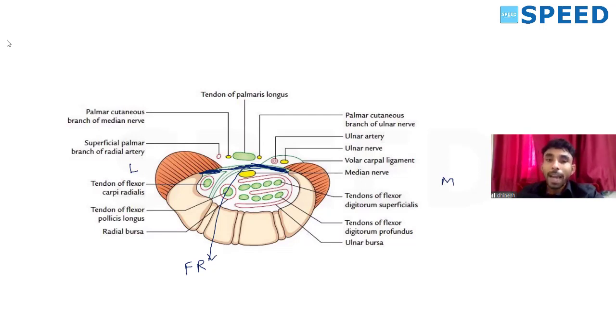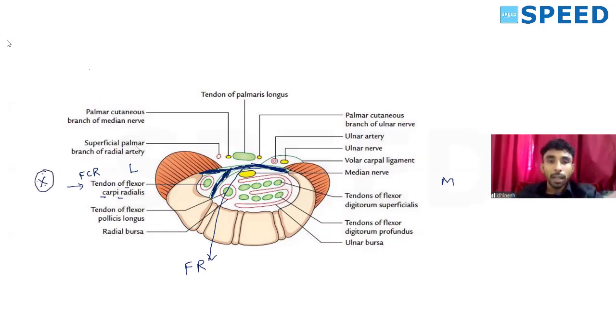You can see laterally the flexor retinaculum of wrist is dividing into 2 slips. And what is the tendon passing between the 2 slips of the flexor retinaculum? Yes, it is flexor carpi radialis tendon, FCR. Flexor carpi radialis tendon passes between the 2 slips of the flexor retinaculum.